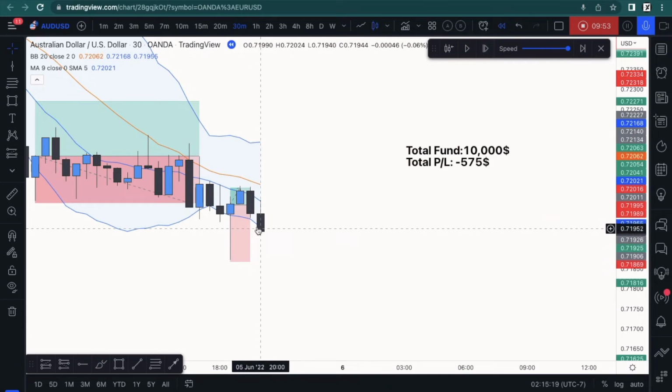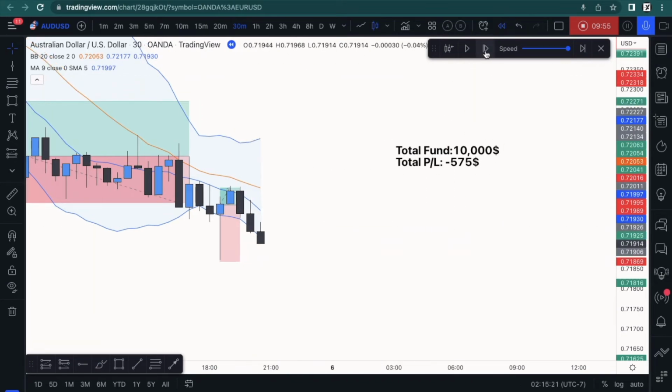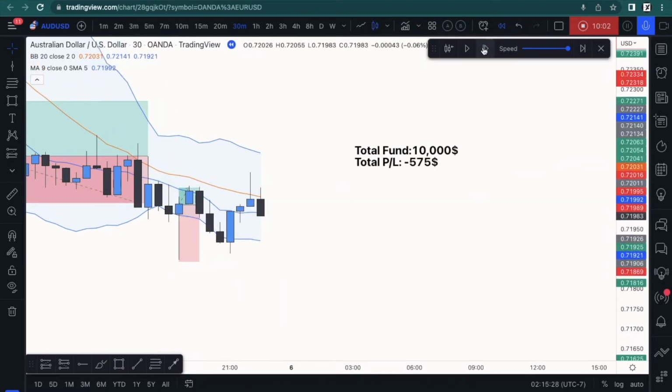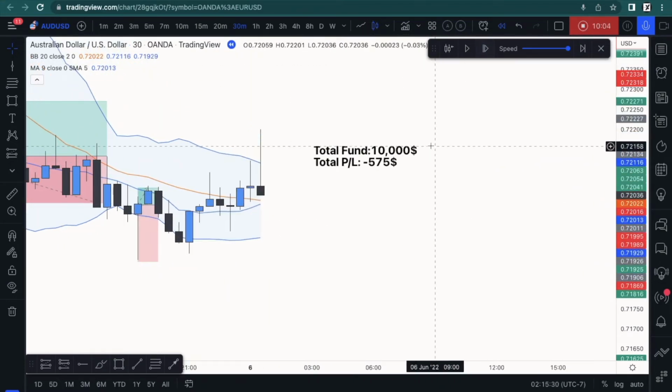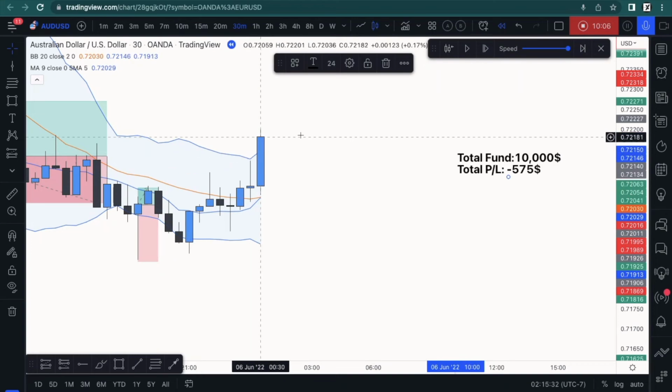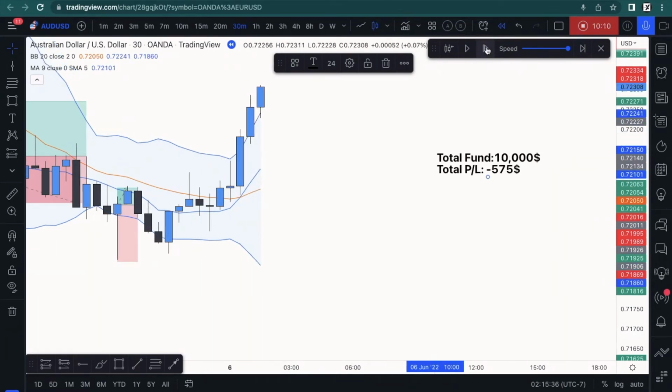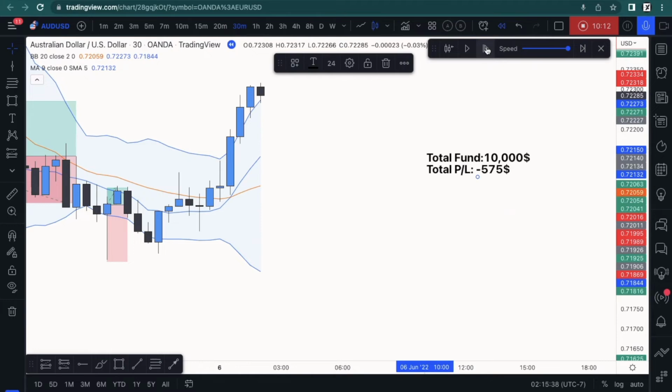Okay, price is trading outside, and still trading outside. It simply touched the moving average, a failed setup. Okay, price is trading outside the upper Bollinger Band, and once it closes inside, that would be our signal to take.